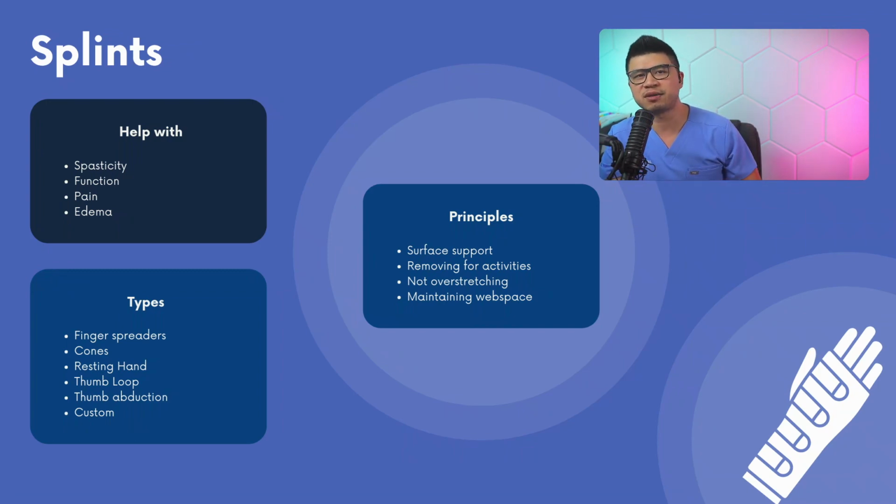General splinting principles include providing necessary surface support, removing splint for functional activities, not overstretching muscles and tendons, and maintaining the web space.